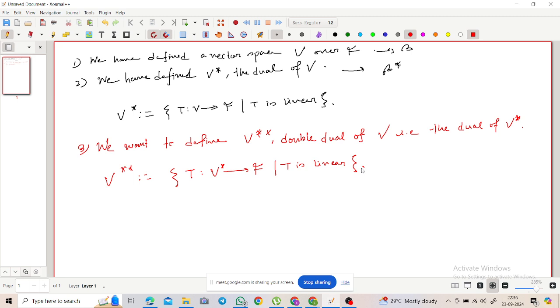Any guesses what it should be? So this is one of the prime theorems of this chapter.